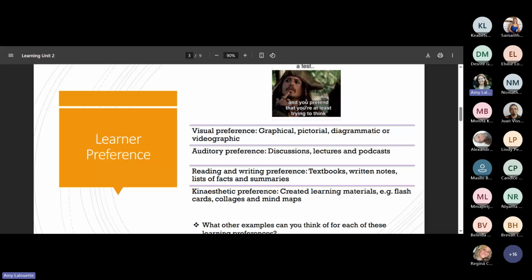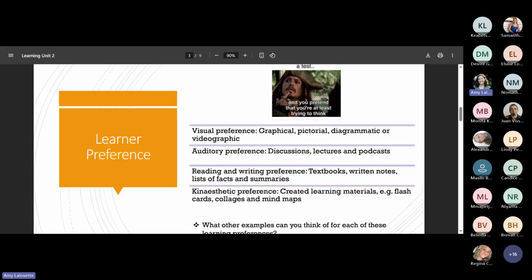Or there are times when someone who prefers reading and writing, so they want to look at the textbook, would actually prefer to listen to the audio. So these are the 4 types of preference, but that does not mean that they cannot learn in another way.